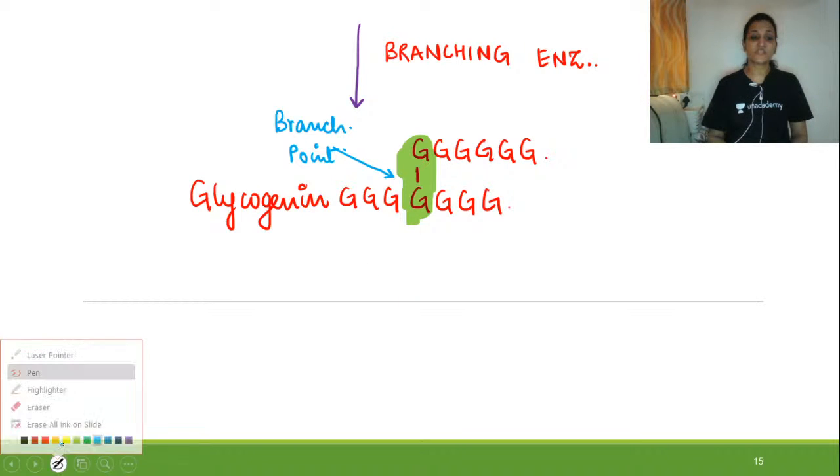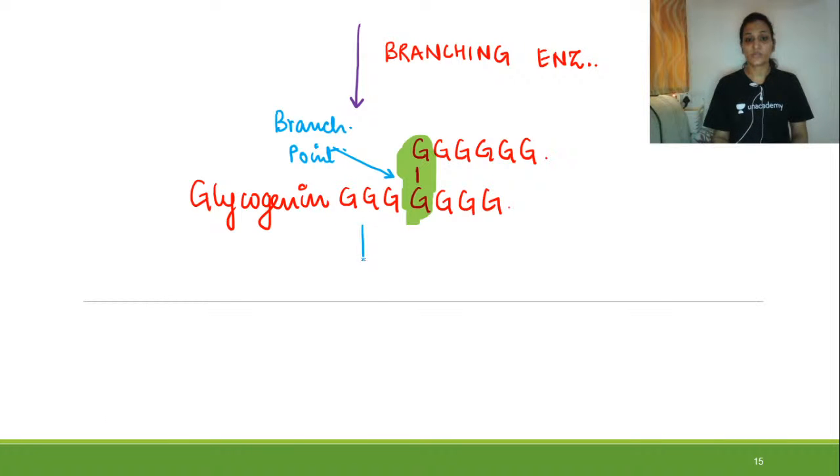Then after branching, the next step is elongation. The fifth one is elongation. So what will happen in elongation? The branching will continue and elongation will occur. There will be addition of more glucose, and then branching.